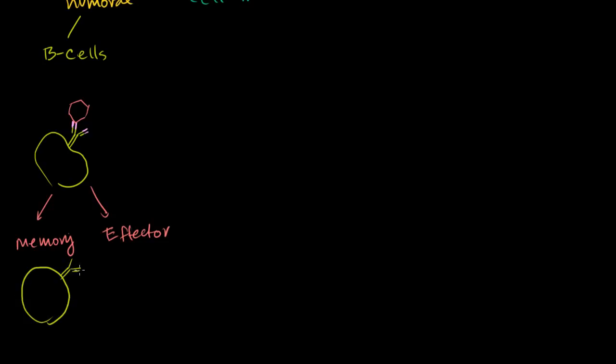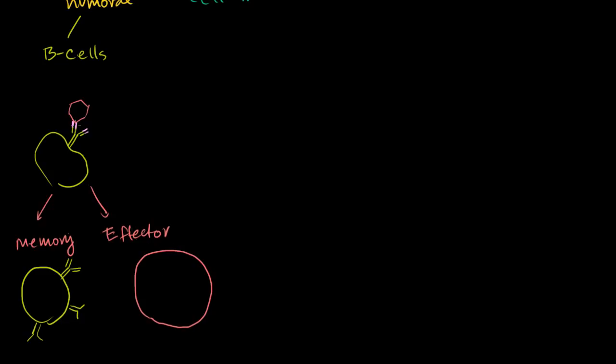And I'm only drawing one of these membrane-bound antibodies, but there are actually 10,000 on the surface. I could draw a bunch of these. I don't have to just draw one. The memory cells just wait around, but there's more of them now. So in the future, if we get this virus again, this interaction is going to happen faster, and so they're going to get activated faster. And then the effector B cells essentially turn into antibody factories.